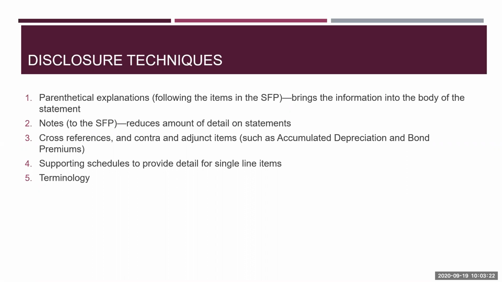But if there is a quick and dirty explanation, or if you want to say something, then you can put a parenthetical explanation right on the face of your financial statement or in the body. You can throw an asterisk there and disclose the note right at the bottom on the same page. You can do cross references, or you can do supporting schedules. So there are a lot of different ways that you are able to provide this additional information to the users.